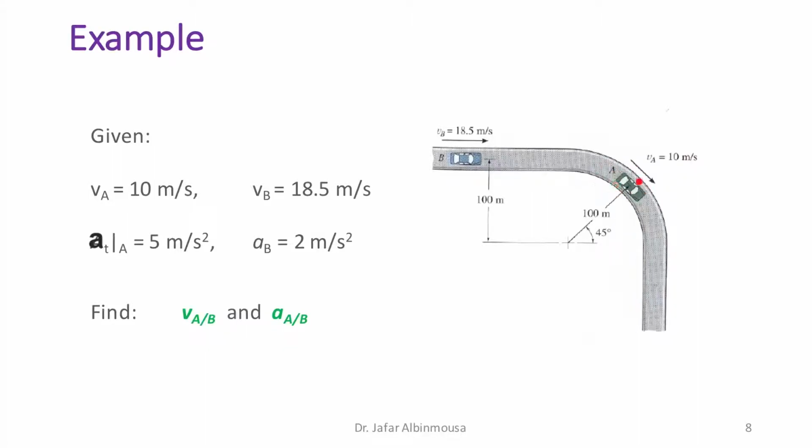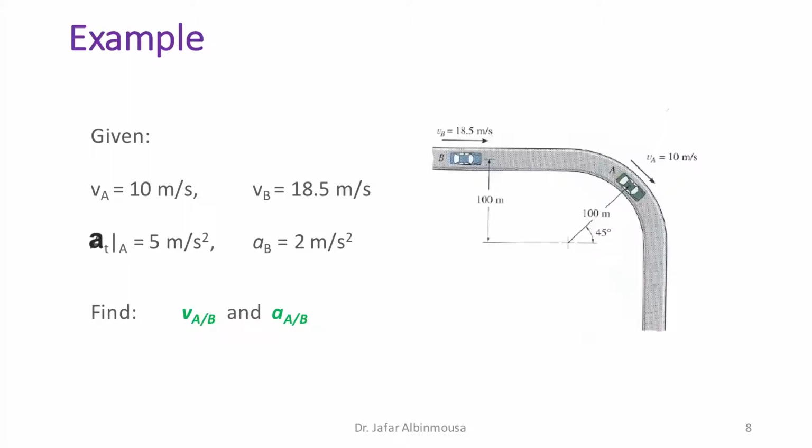But car A was moving at point A with a velocity of 10 meters per second and a tangential acceleration component at this point of 5 meters per second squared. Car A is moving along a curved path, which happens to be a quarter of a circle with a radius of 100 meters, and the position of point A is determined at an angle of 45 degrees.